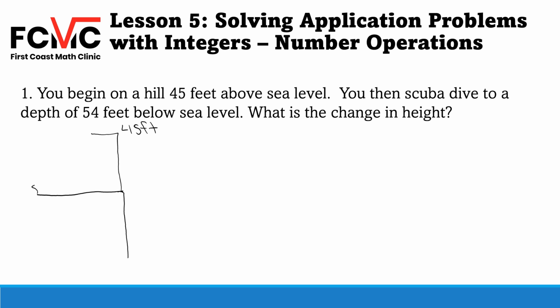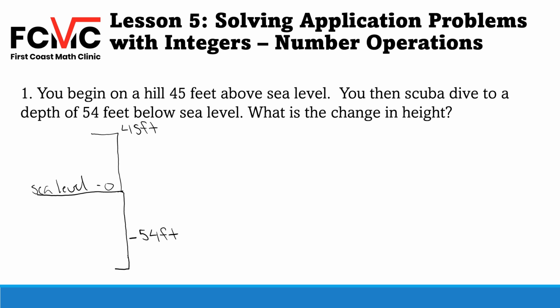So this is sea level, so that's going to be like 0, right? So we're going down. And if this is below sea level, that's going to be a negative value. So that's going to be negative 54 feet. So we can represent that as negative 54 feet.